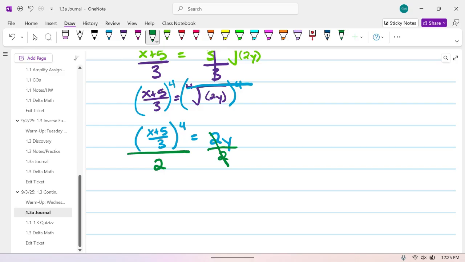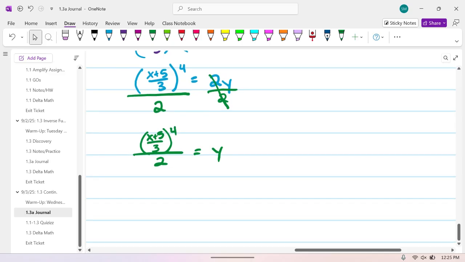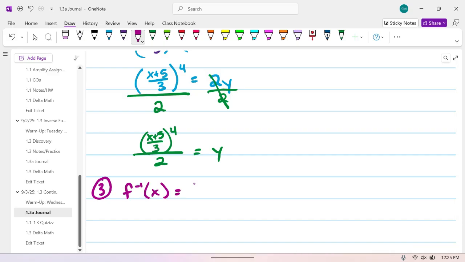We're done. You're good. So you would get x plus 5 over 3, all raised to the fourth power, divided by 2 is equal to y. So if we do our last step with writing it with the correct notation, f inverse of x will be equal to all of that.